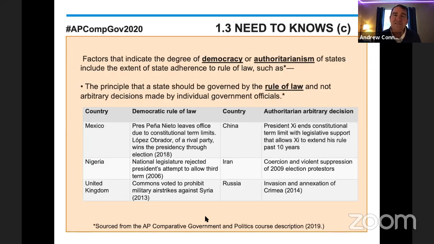We've seen the national legislature in Nigeria block attempts by a previous president back in 2006 to get a 3rd term. And we've also seen in Mexico, a number of times, one party's president leave office, allowing a president of a rival party to take office because of an election result.